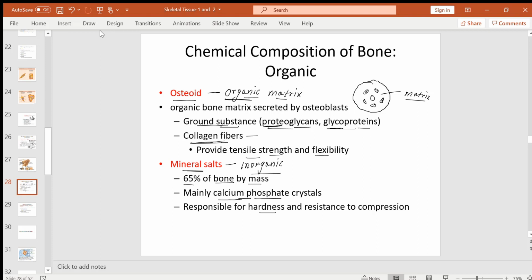Now just a critical thought. If I remove the mineral salts, the inorganic chemicals, from the bone, then you will have only the fibers and organic compounds. So in that case, you will not be able to break the bone.